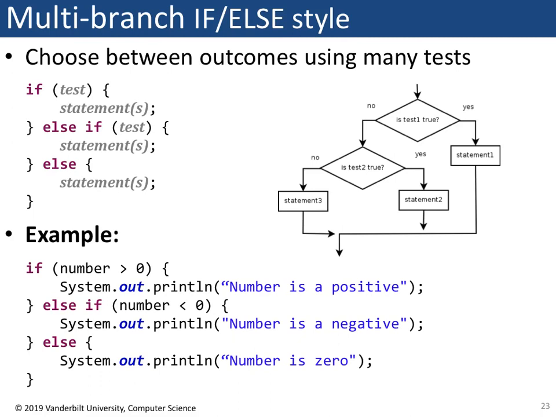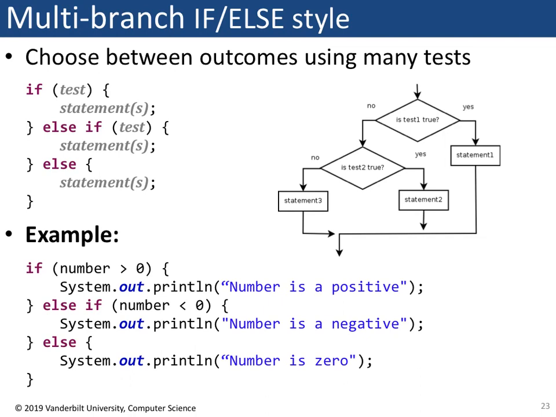However, if the test in the initial if statement is false, then it will continue to the else if statement and it will evaluate the test in the next else if statement. And it will continue to do this, and you can chain many else if statements together, and then you can terminate with an else, which is the guaranteed result given that all other tests have failed.